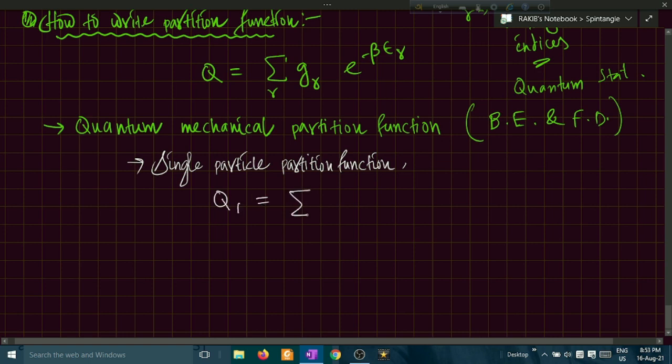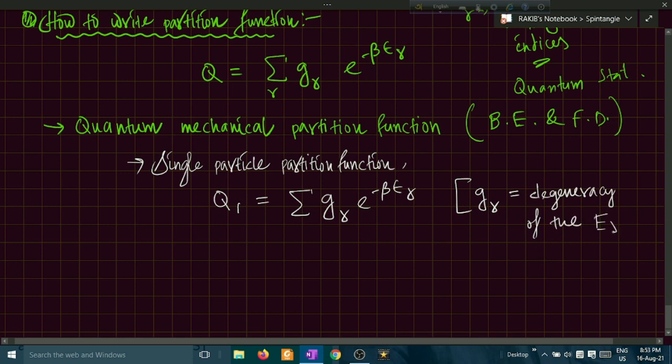Okay, this is summation gr e to the power minus beta er, where gr is the degeneracy of the er energy level. This is the single particle partition function.